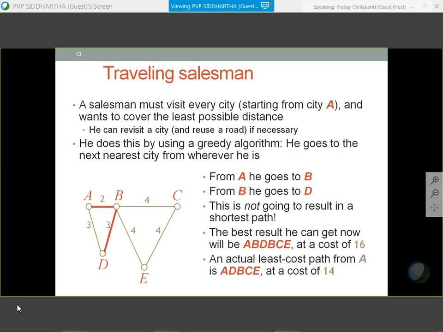So that means he has to come back again, from D to B, and then go from there to C, C to E. Cost of 16. What is an actual least cost path from A? Instead of trying to be greedy, going the lowest cost, take AD and then BCE at a cost of 14.